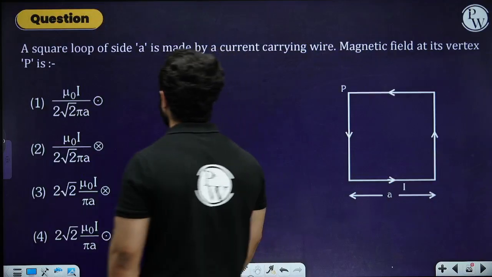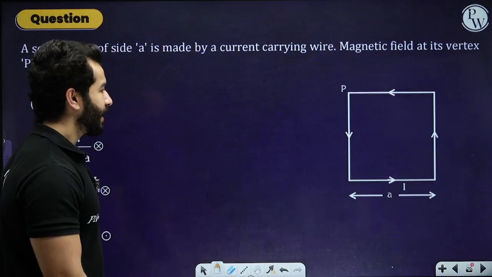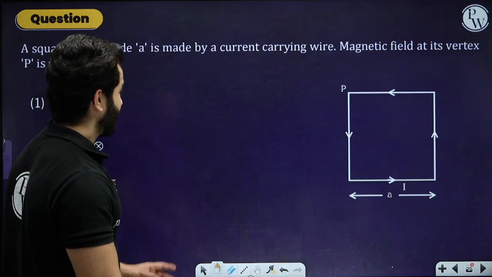Let's suppose a square loop, we have to find out the magnetic field at the vertex P. Okay, so this is something different.